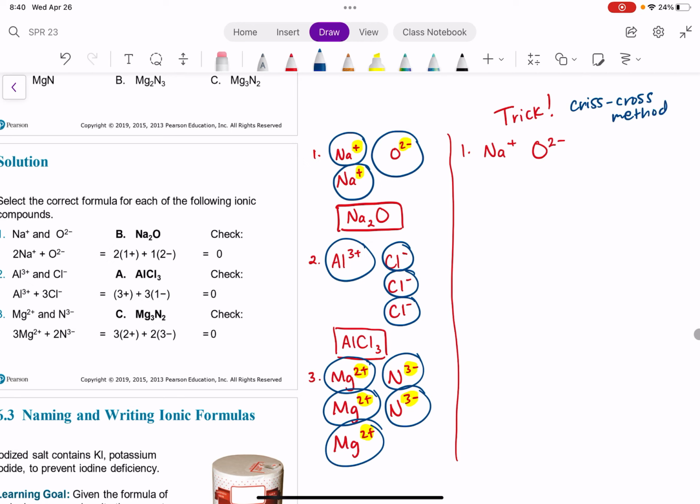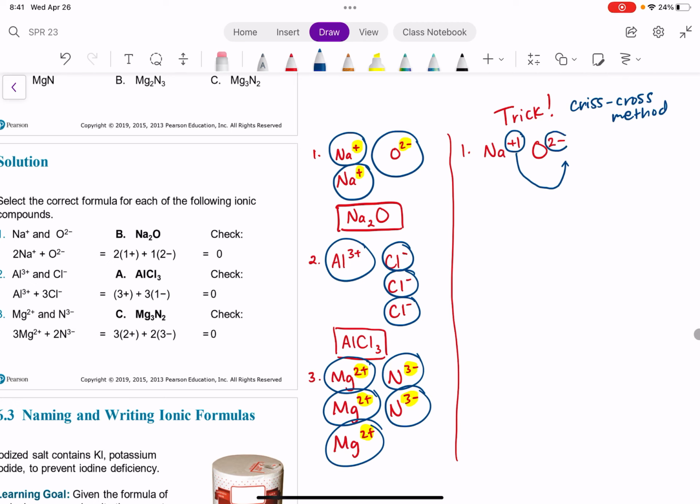It's called the crisscross method. Sorry, my writing is pretty bad today. For our purposes right now, let me show the charge with the 1 there. You're going to take this charge and bring just the number, not the charge, over here. That's going to be the subscript for the other atom. It'll make more sense in a second.